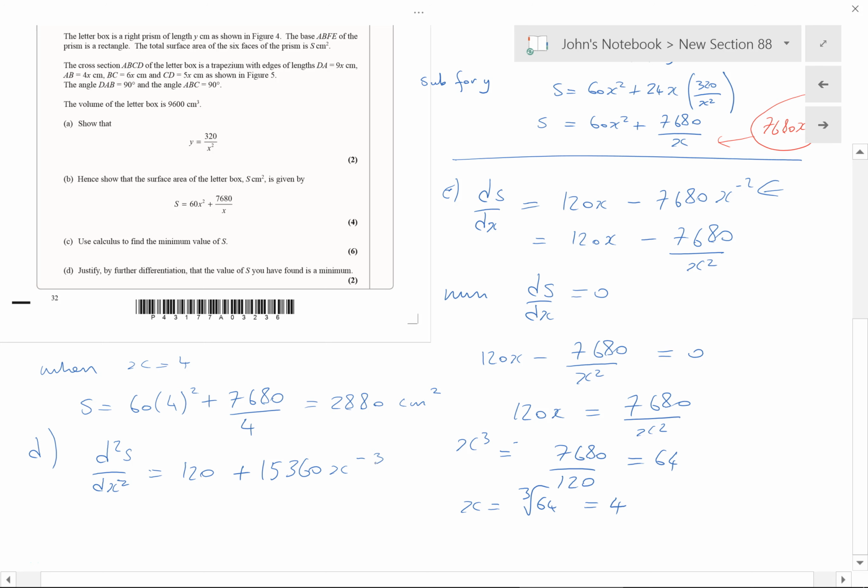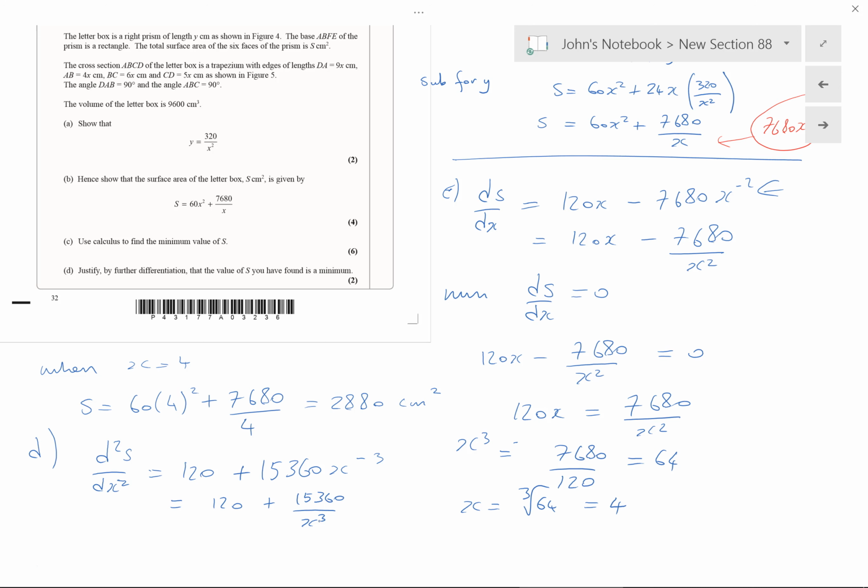Okay, now that's actually 120 plus 15360 over x cubed. Now you might be tempted to put the value into the expression here, but you don't necessarily need to do that.